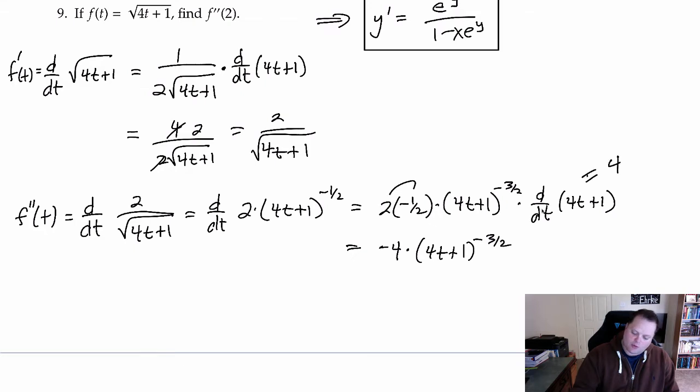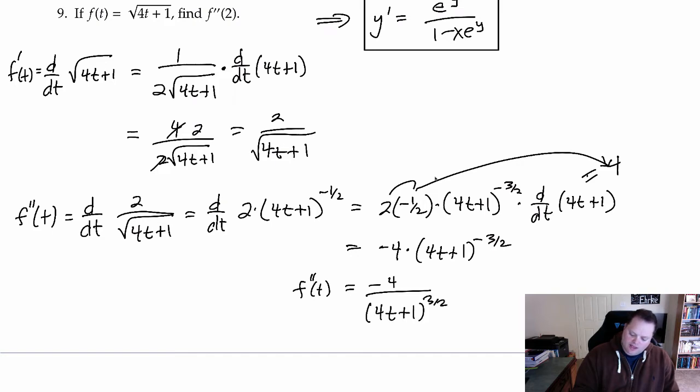So this gives 4, which then multiplies those three together. So you have 2 times negative 1/2, which is negative 1, negative 1 times 4, which is negative 4. So your second derivative is negative 4 over 4t plus 1 to the 3/2.